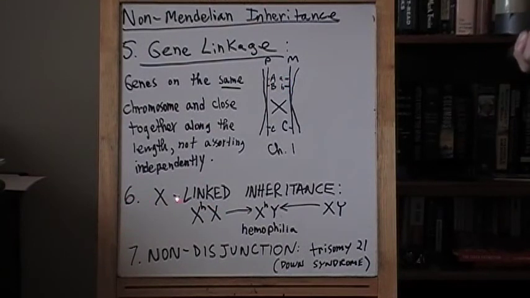The next one is called X-linked inheritance, sometimes called sex-linked inheritance. This is where a gene on the X chromosome becomes mutated. An example of that is hemophilia. This is a gene on the X chromosome that encodes a clotting factor, a protein involved in clotting blood. A mutation in that gene can cause that clotting factor to be defective, and so the clotting of the blood doesn't occur.